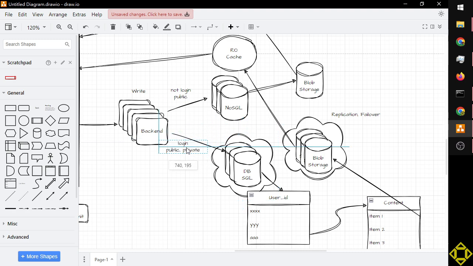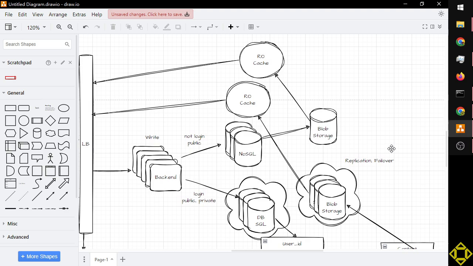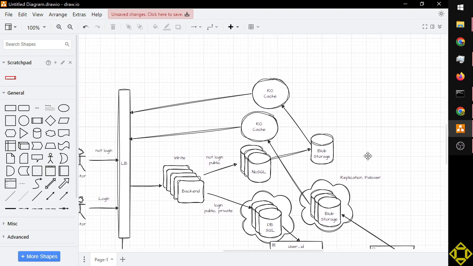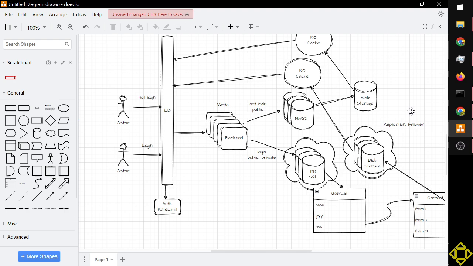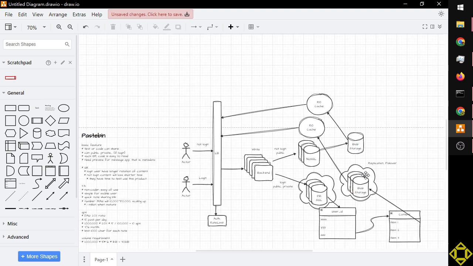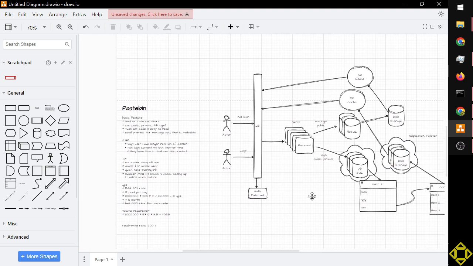Non-logged-in users. Since non-logged-in users have less frequent usage and shorter content retention, handling them with a simpler, cost-effective approach makes sense. They don't require the same level of redundancy, so you can use more basic storage solutions for them, with the understanding that their content may eventually be deleted. This helps you balance cost and performance.